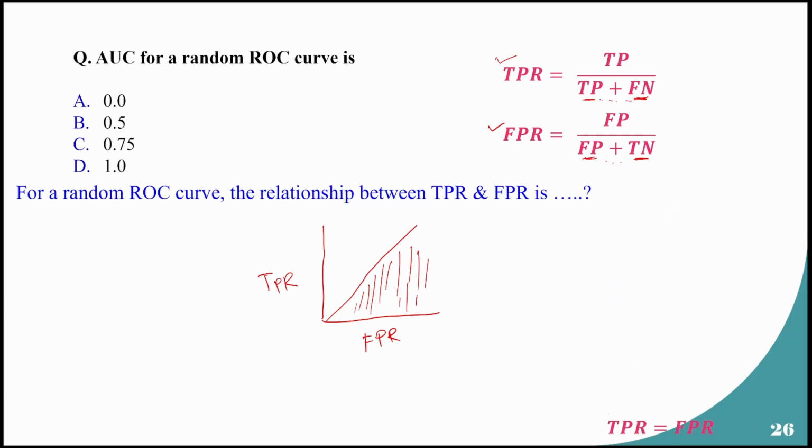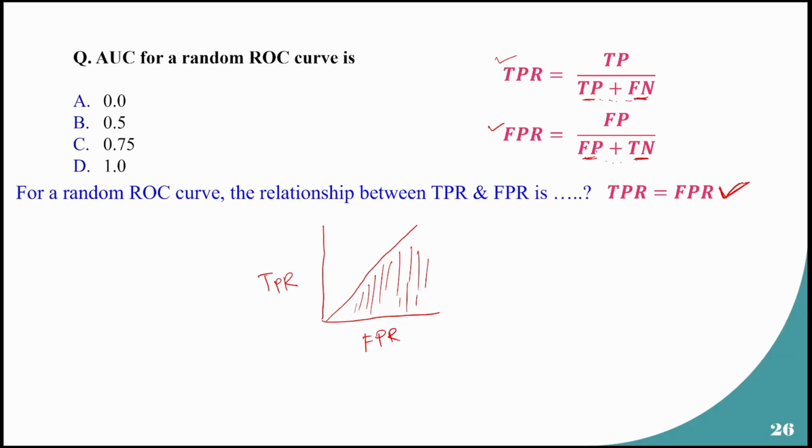So in this particular case, for a random curve, the relationship between TPR and FPR will be this. True positive rate will be equal to false positive rate. So what does that mean? That means that out of all of the positives in your data, the number that the model is correctly identifying as positive will be equal to the false positive rate, which is out of all of the negatives in the data, how many the model is incorrectly flagging as positive.